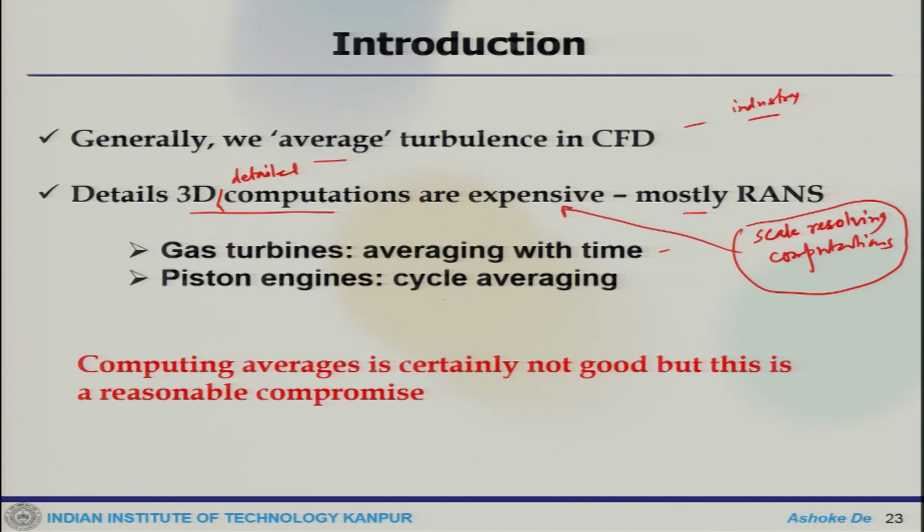But if one has to answer the question, is averaging a good idea? Obviously not, but it is a reasonable compromise, because by doing this one can get a solution in quick time.